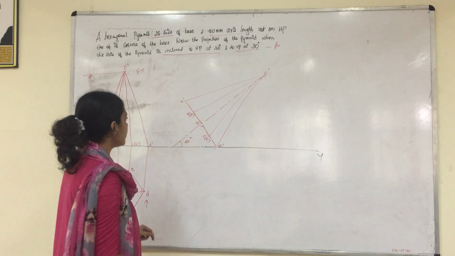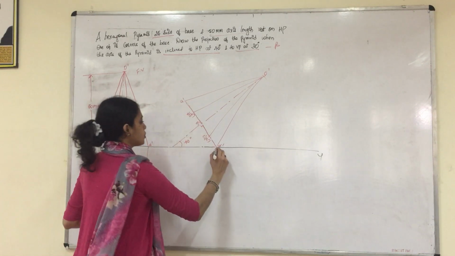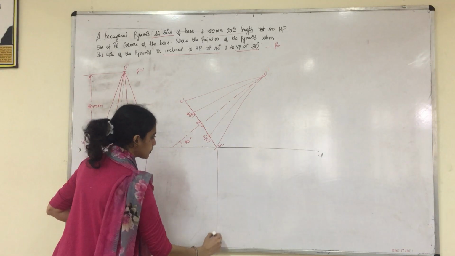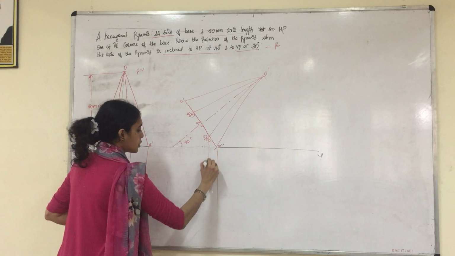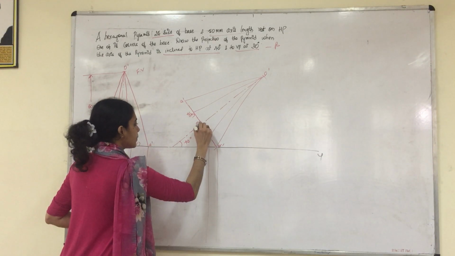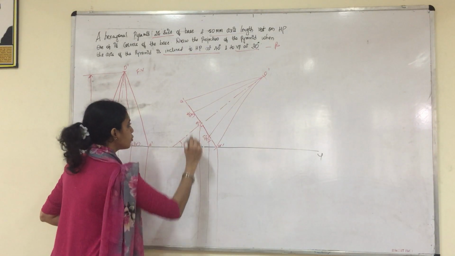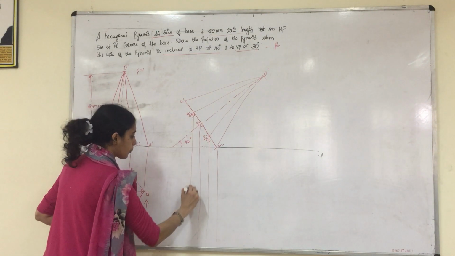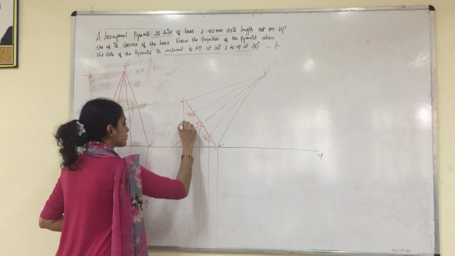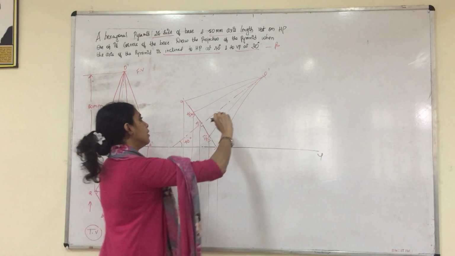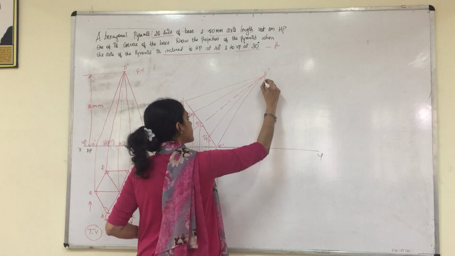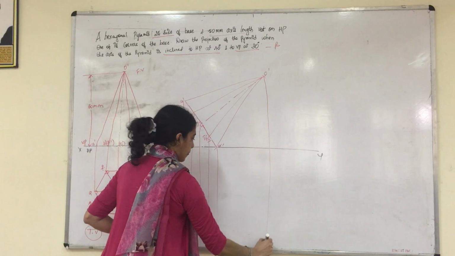After that, please take the projections down from the front view, from each and every point. Don't forget a single point, and from the apex. Right?